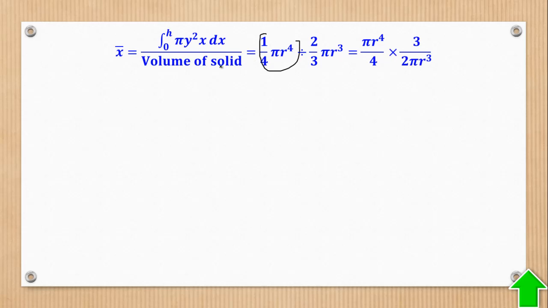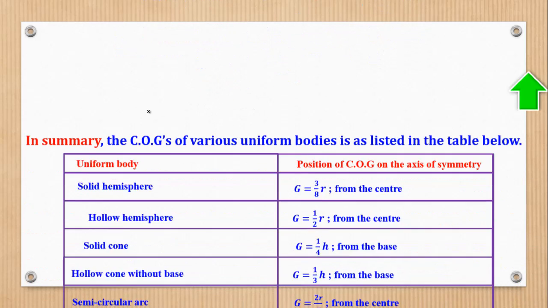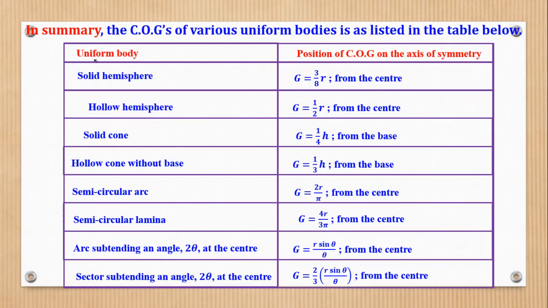This is divided by the volume of a hemisphere, which is that. It gives you that, then you simplify to get that which they wanted. So it's a summary of the standard centers of gravity which are also available in your mathematical logbook and can be used when necessary.